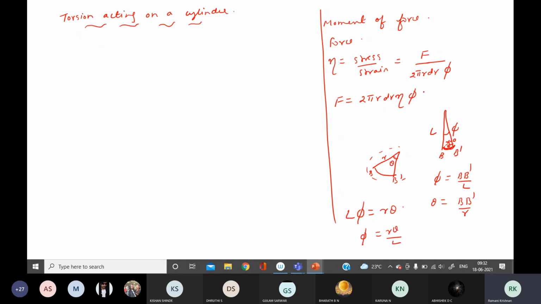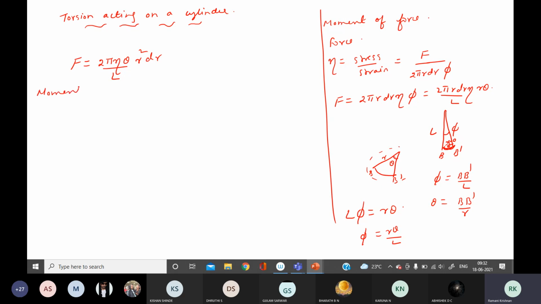I substitute here. I get 2πr dr η, and instead of φ I write Rθ by L. So the force acting on the cylinder is 2πηθ by L times R² dr. Then I want the moment of this force, because we are talking about couple.